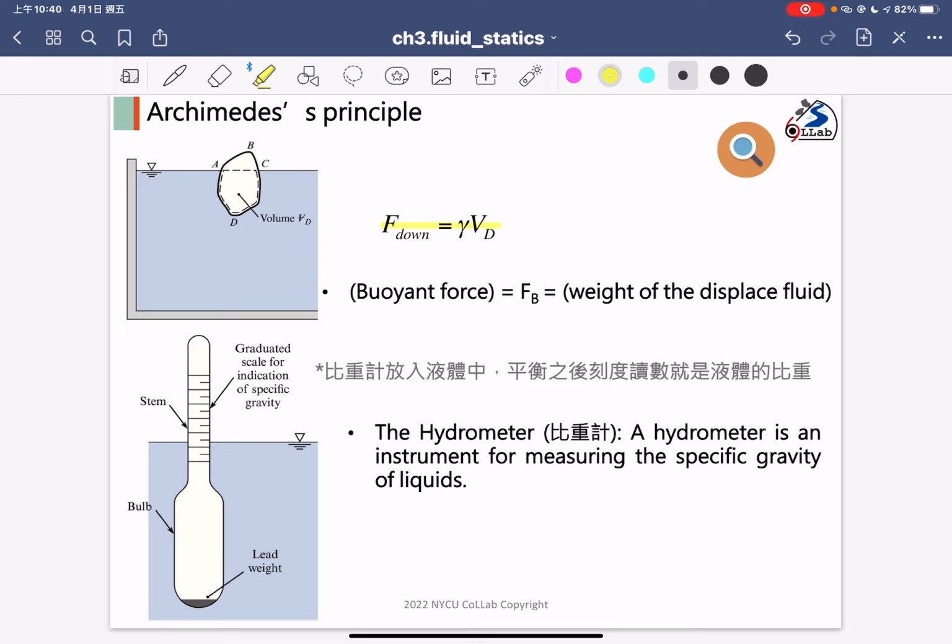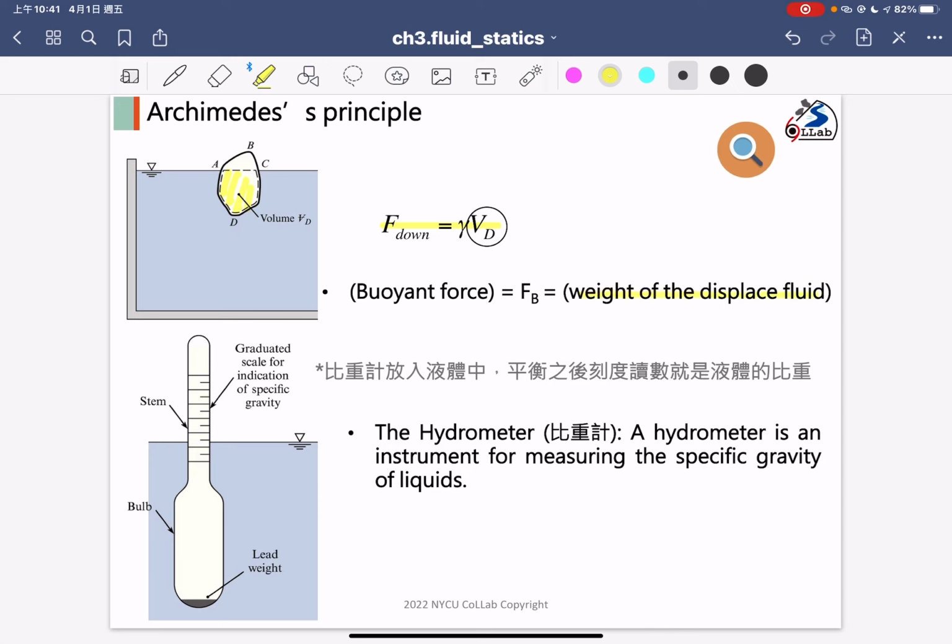If your particle is floating, the displaced volume is only the part here, not the total. So you need to figure out where your displaced volume is, and it will equal the weight of the displaced fluid.